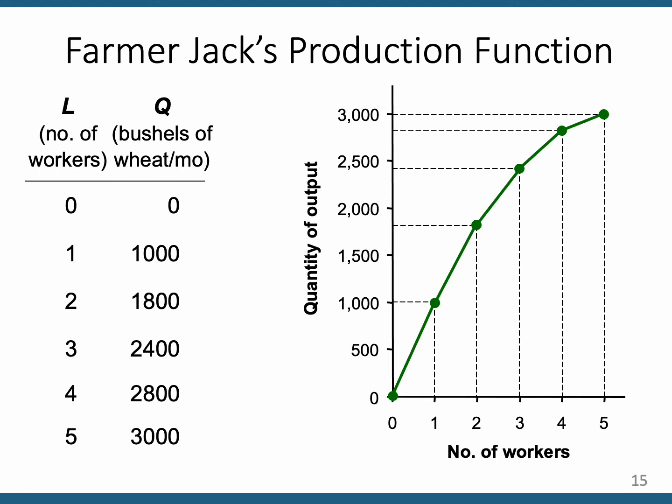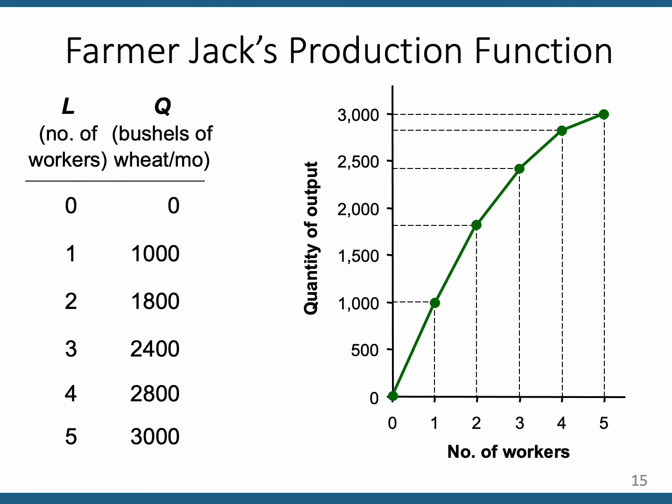So, does this make sense to you? Does something look a little funny here? Let's go back to when he increased from 1 to 2. When he had 1 worker, the farm was producing 1,000 bushels of wheat per month. What were you expecting when he hired the second worker? I'll bet you were expecting total output would be 2,000 bushels per month, right?